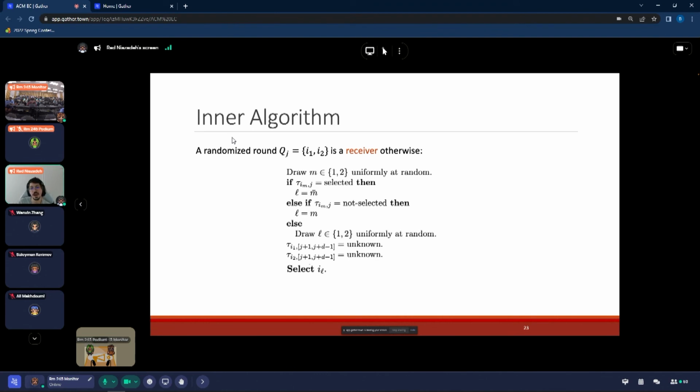If the message for I_m was selected, to ensure that we have negative correlation, we don't select I_m in that run. Otherwise, if it was not selected, we surely select I_m in that run. And if the message for I_m was unknown, we pick one of the vertices in the proposal set uniformly at random.